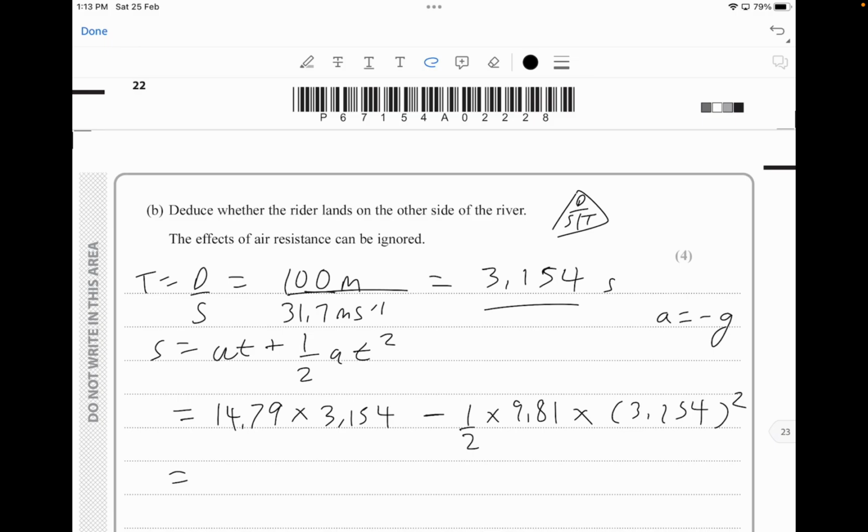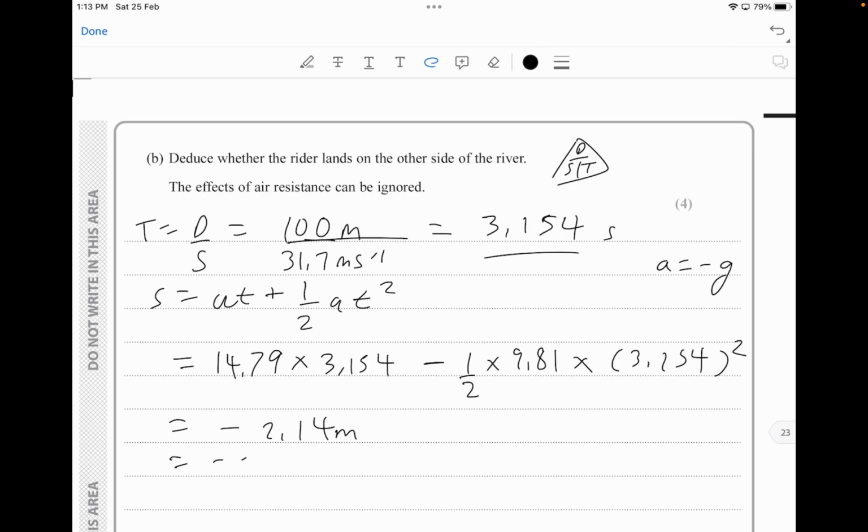If you put that in your calculator, you're going to get some form of negative 2.14 meters. So it's going to be equivalent to negative 2.1. I'm just going to put this in brackets just to see if this is correct, because sometimes if you plug in all the values in your calculator without using brackets, it's not a very good idea.